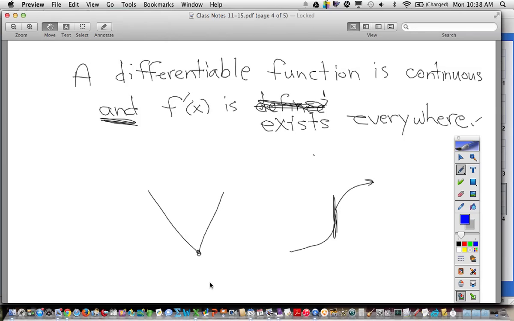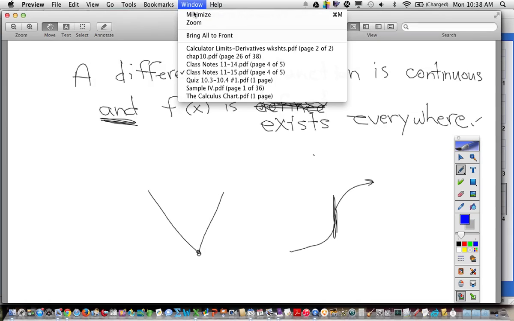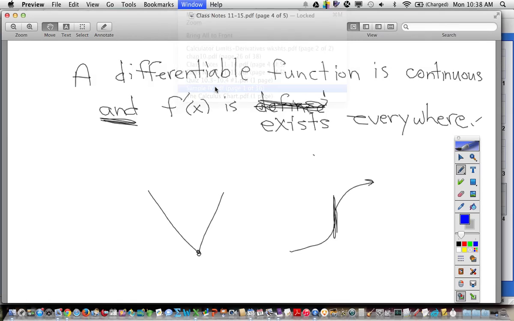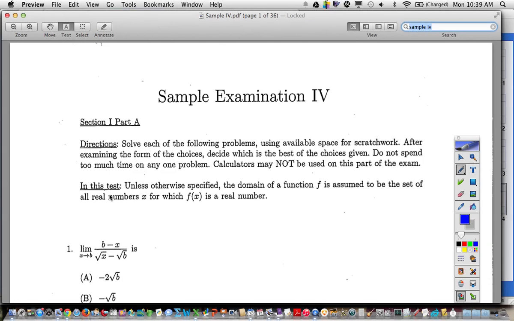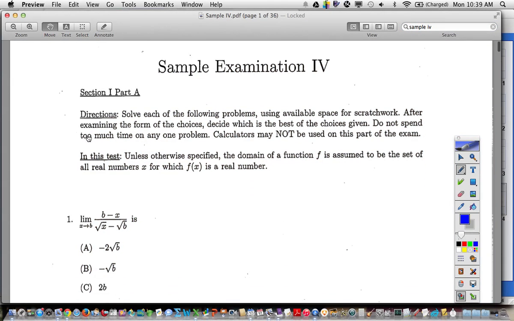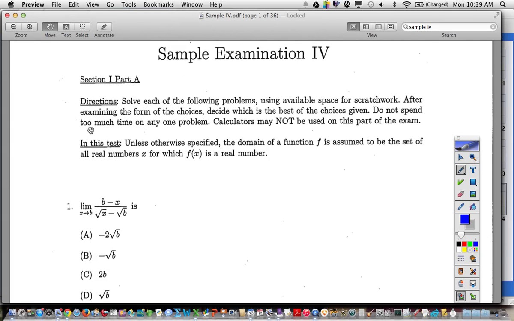All right. I want to look at a couple of problems from this thing right here. We're starting to get into the point where we're learning enough calculus that we can start thinking about the AP test and what's on it, and some of the practice tests we'll be working on as we get ready for our midterms.